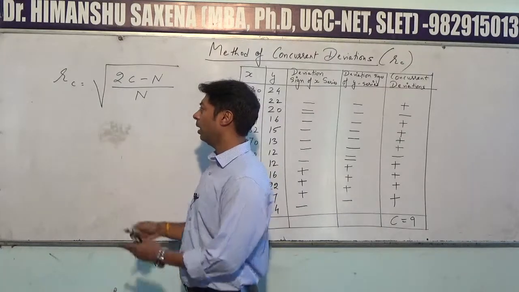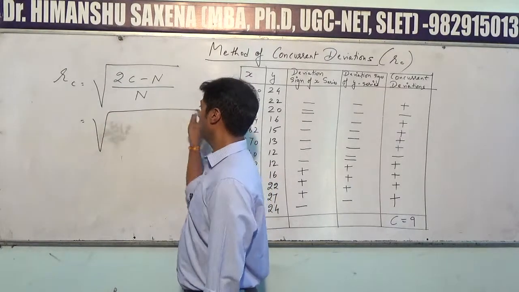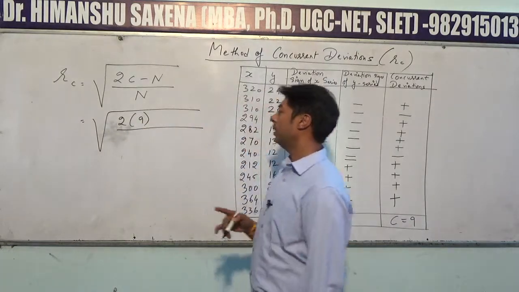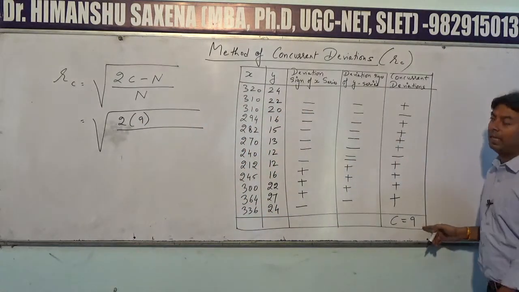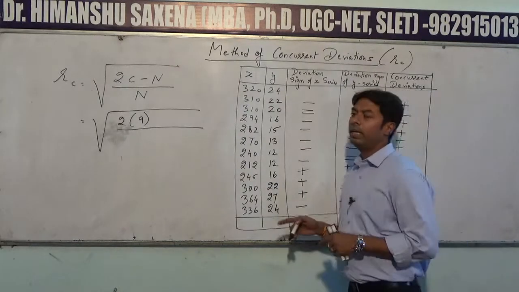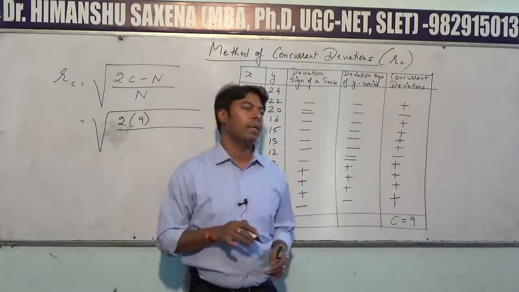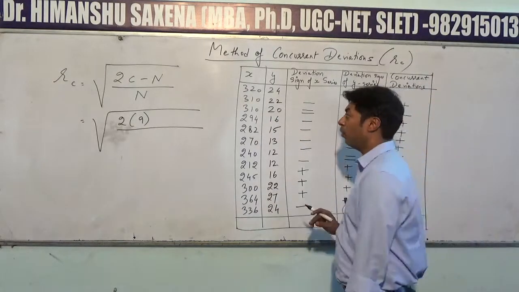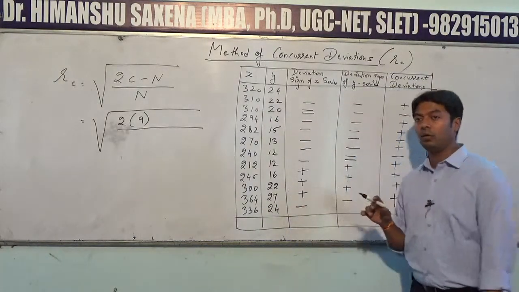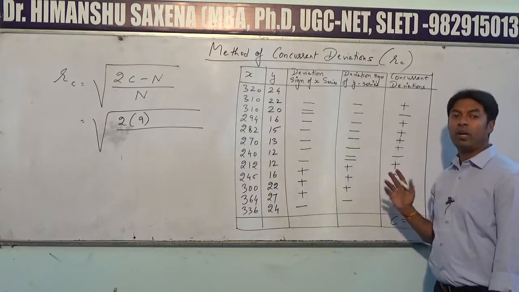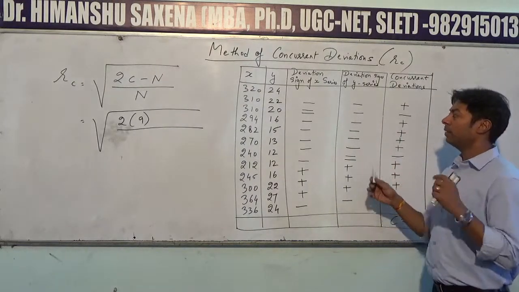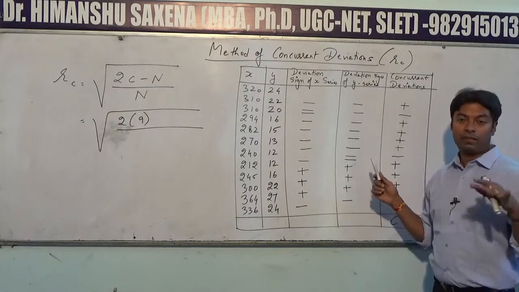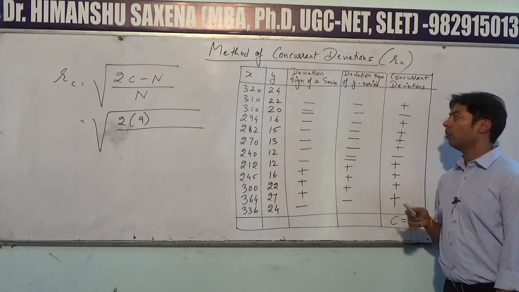Take down the formula. 2 into C. We have just calculated the value of C, and C was equal to 9. Now n over here stands for the number of pairs of observations compared. It denotes the number of times you have made comparisons, and obviously you have left the first place blank, so this value will be ignored while calculating n.